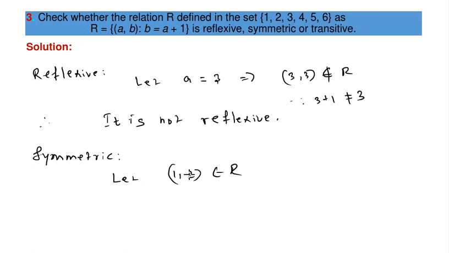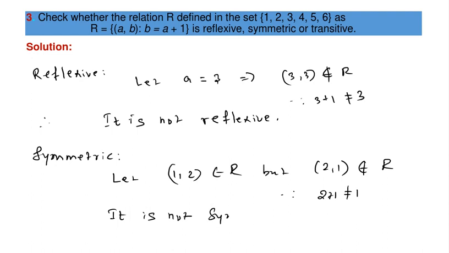So a plus 1 equal to b, and 1 comma 2 belongs to R. At the same time, 2 comma 1 does not belong to R. What is the reason? 2 plus 1 is not equal to 1. Therefore, we can conclude it is not symmetric.